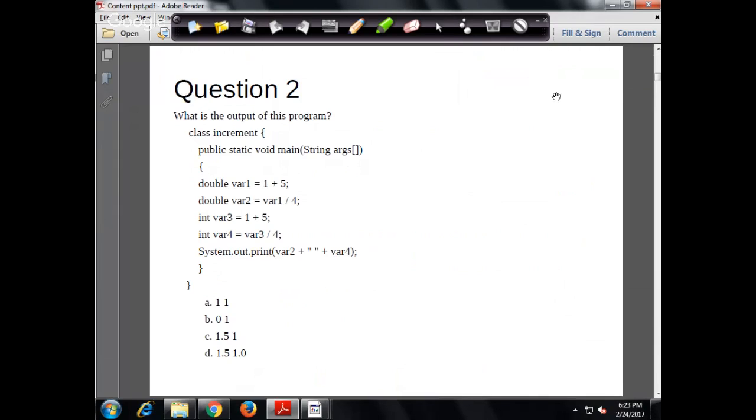Will it be option A, B, C, or D? I would really love to have some answers from you guys, because there is no negative marking. This is just a practice that we are doing. So I really hope that you guys would make a wild guess even if you don't know the answer. Someone?